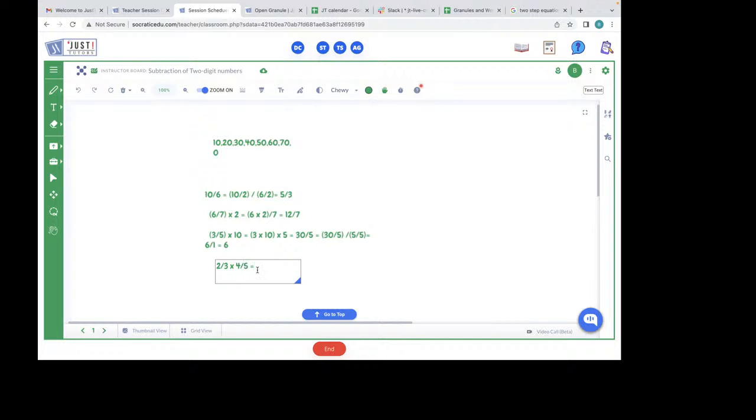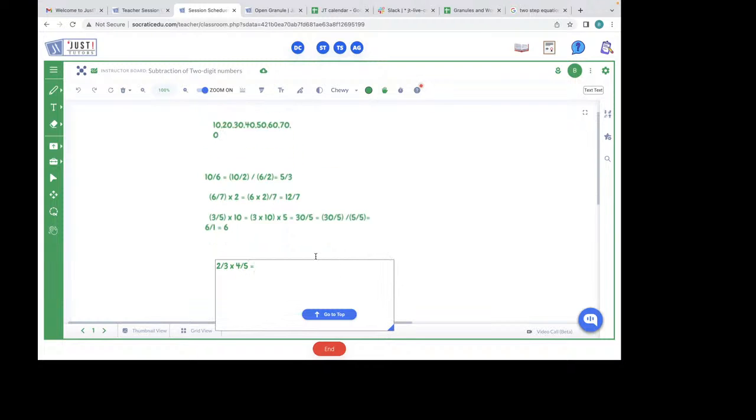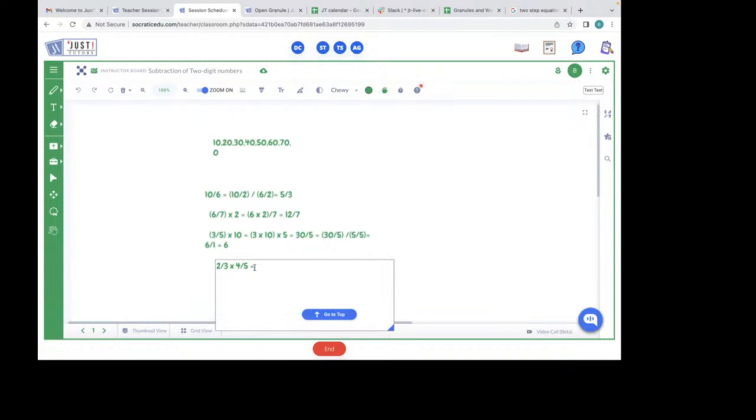So we know the rule, right? The rule is we have to multiply the denominator by the denominator and numerator by the numerator. So 2 is the numerator of the first fraction and 4 is the numerator of the second fraction. So I have to multiply 2 by 4 first.